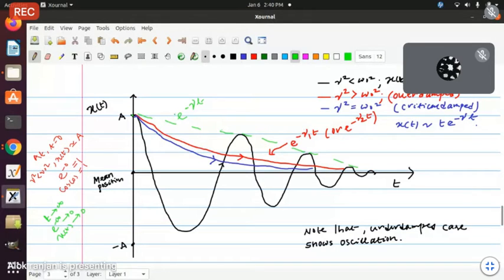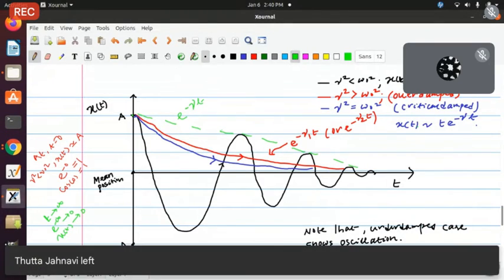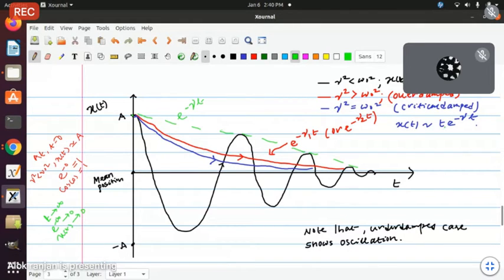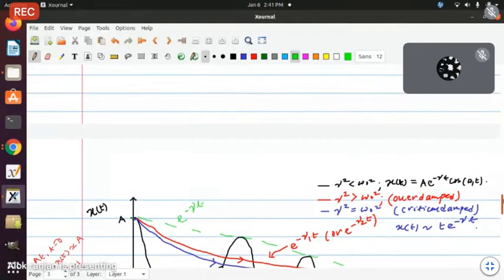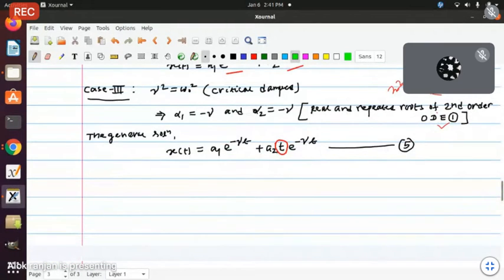So again, the exponentially decaying function, any one of these red ones. And for critical damped, the solution will depend on t e to the power minus gamma t. As time increases the decay will be more, because t e to the power minus gamma t will be the dominant term in the solution. So this term will dominate over this term.